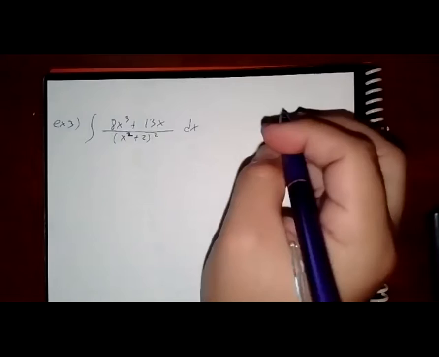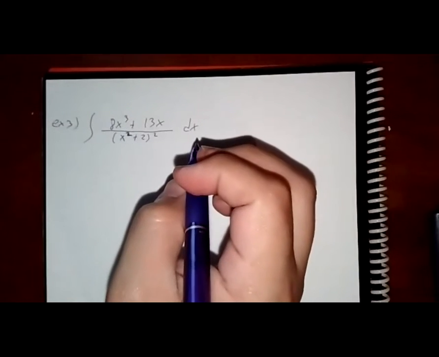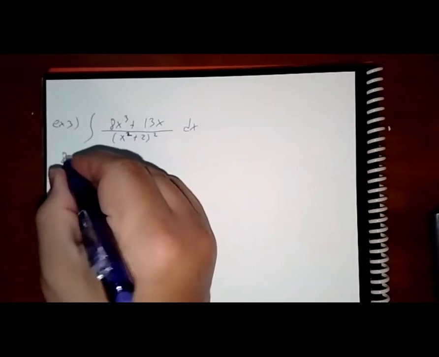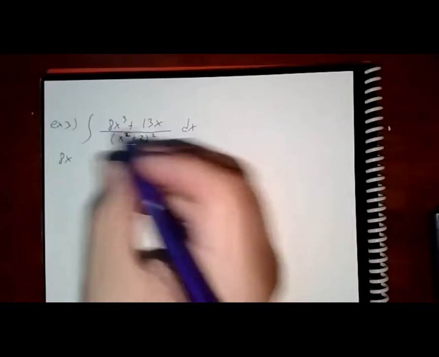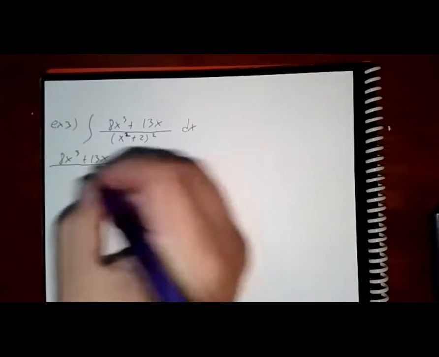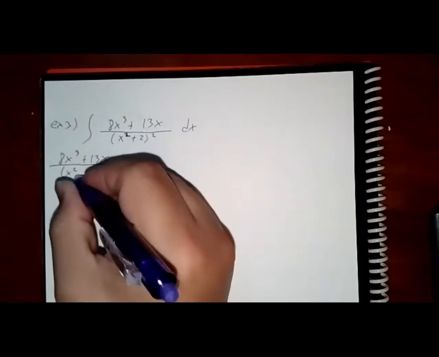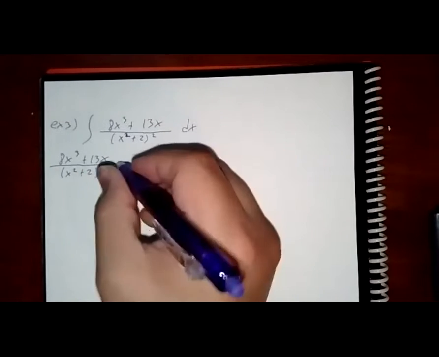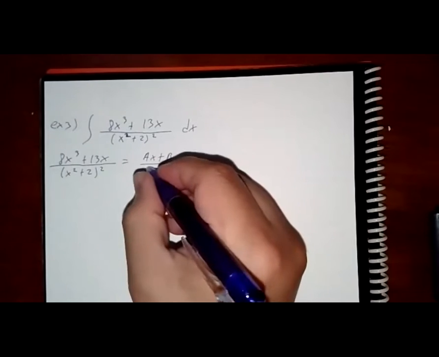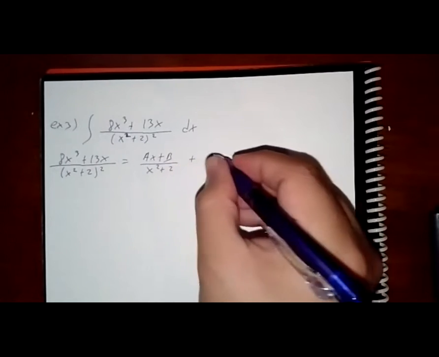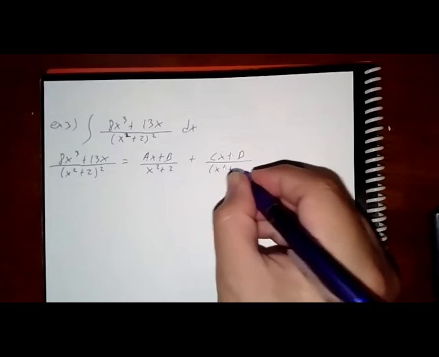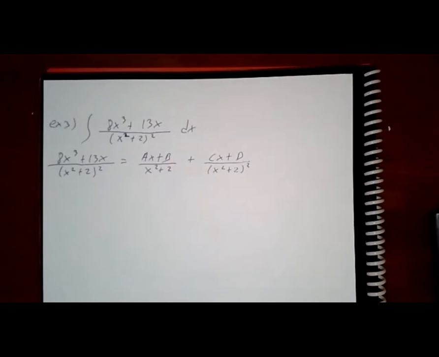So this guy is going to be a repeated irreducible, right? You can't factor it. So that'll be equal to ax plus b over the first one plus cx plus d over the second one. Right?